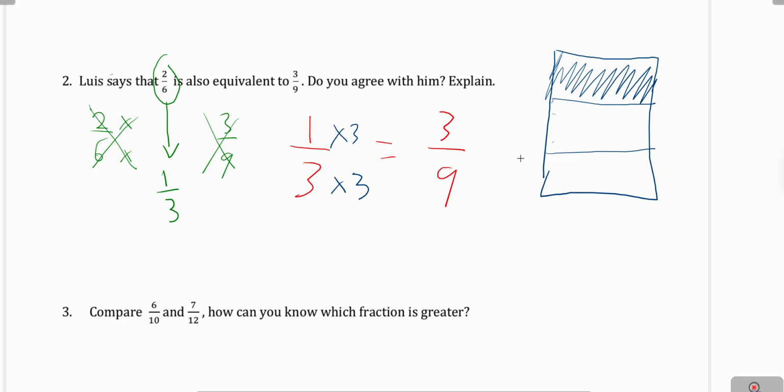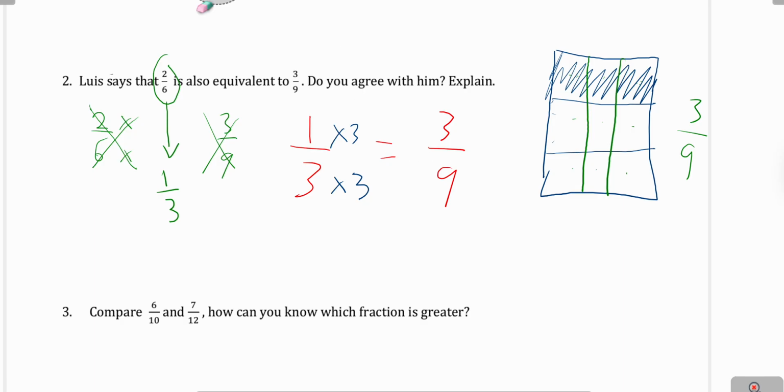If we multiply each third by 3, that means we make it into 3 parts like this. Now this same 1/3 is 1, 2, 3, so 3 out of 9, right? 1, 2, 3, 4, 5, 6, 7, 8, 9. So now this model shows 3/9. You see, it's the same as the 1/3.